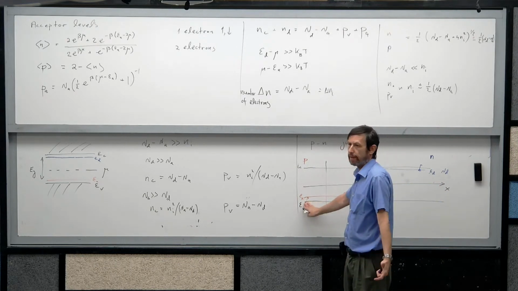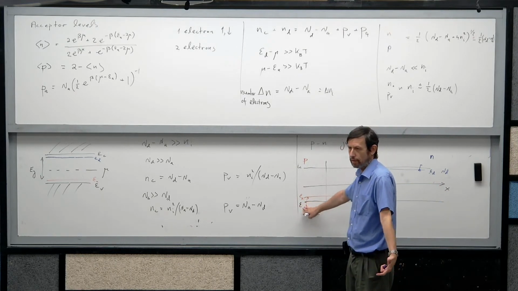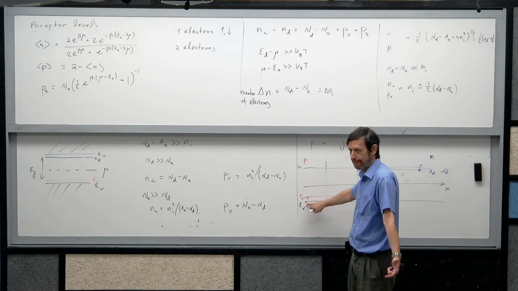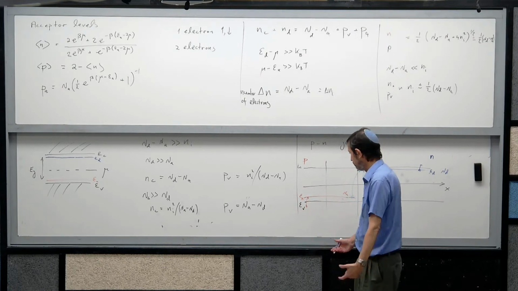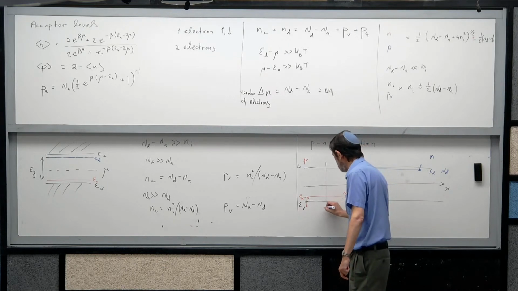The game is played as usual. Holes are created in the valence band by charge jumping into the acceptor. At some distance, I'll call it dA.